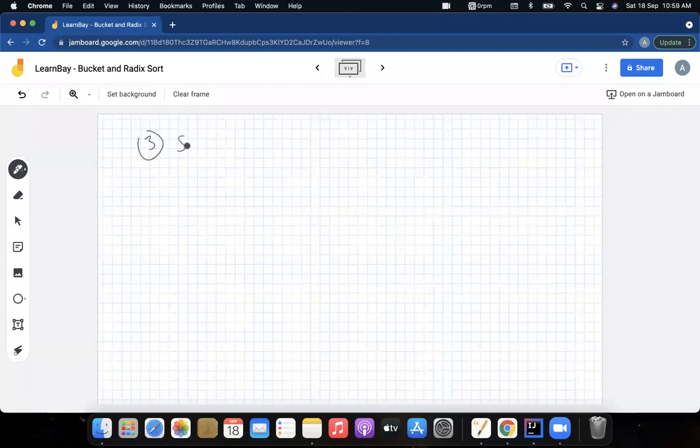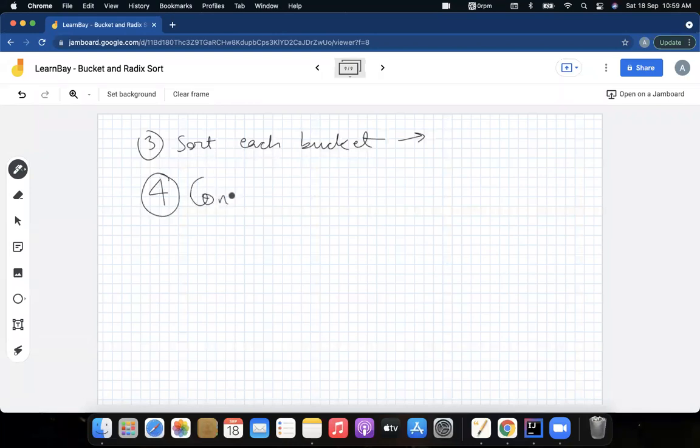Step 3 is sort each bucket, right? And you can use any sorting. You can use bubble sort or any type of O(n) square sorting here to sort the bucket. And once you sort the bucket, you can concatenate results, right? You can simply concatenate results.